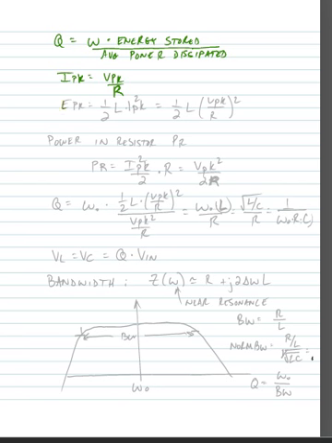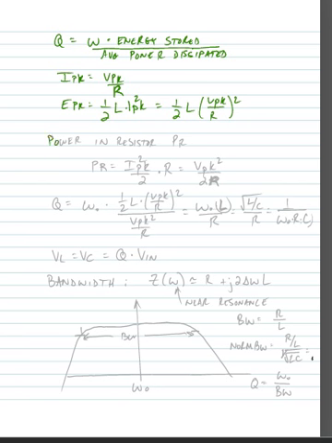So we can say that our E peak value is equal to 1/2 L times I peak squared. Energy in an inductor is 1/2 the inductance times the current through the inductance squared, which is equal to 1/2 times L times V peak over R squared.